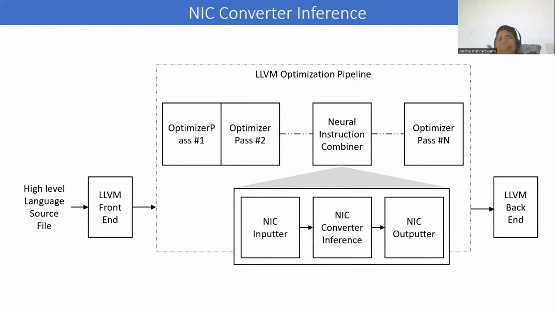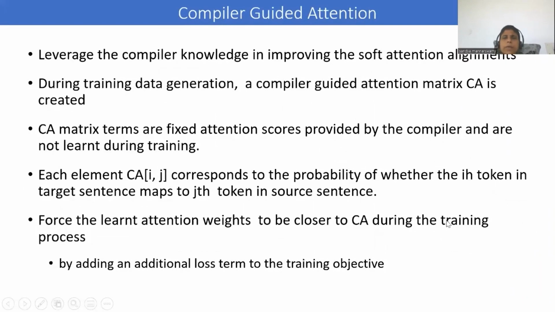If Alive2 flags any of the generated sequence as invalid, then the NIC outputter marks it as invalid, and it just copies the original unoptimized source basic block sequence as is to the output of the instruction combiner. So essentially, if this particular basic block was marked invalid by Alive2, we will only get the unoptimized IR sequence and it won't be optimized by the neural instruction combiner. This would end up leaving optimization on the table.